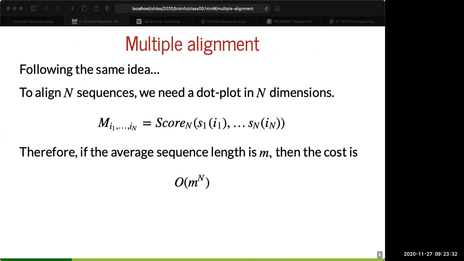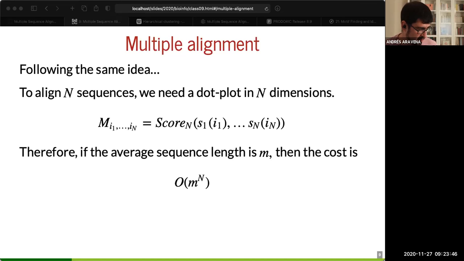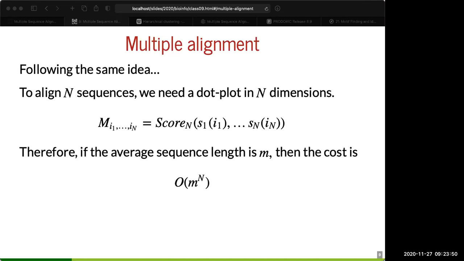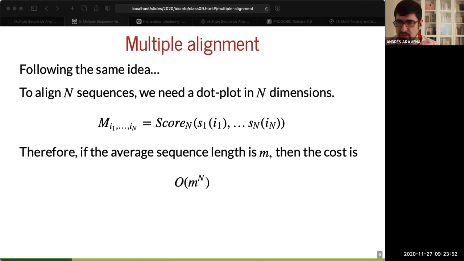How do you align N sequences? With a plot of N dimensions. How many dimensions? Do you know what is the name of a cube in N dimensions?